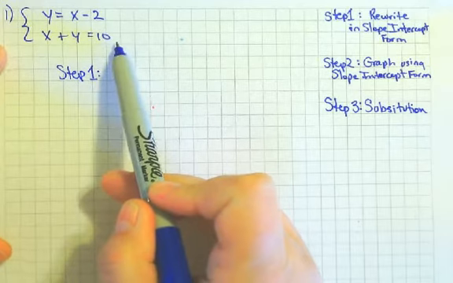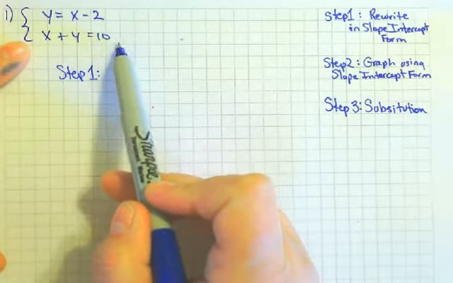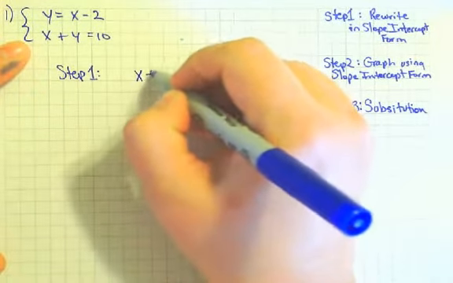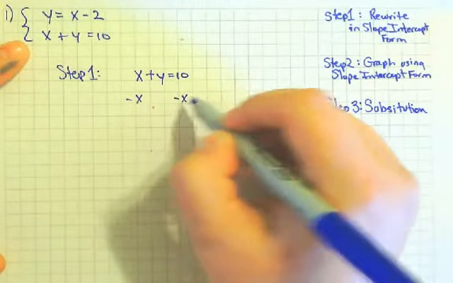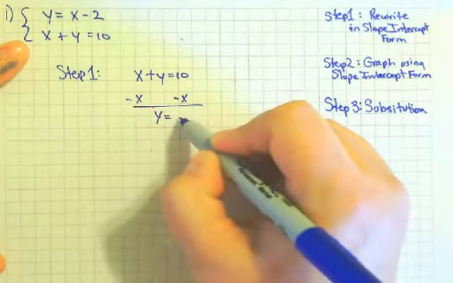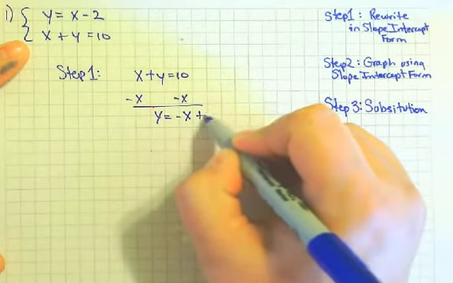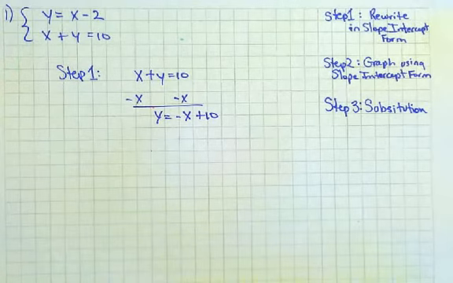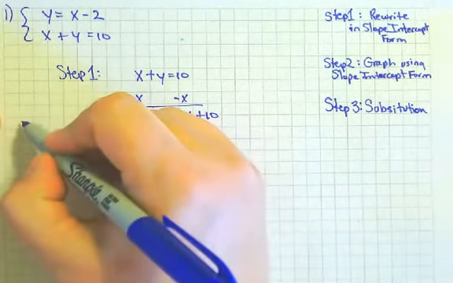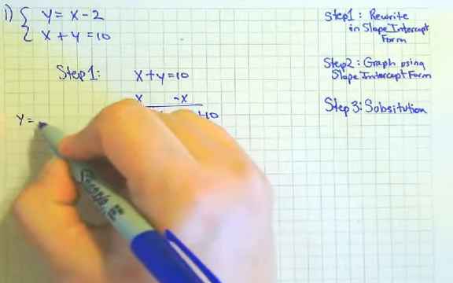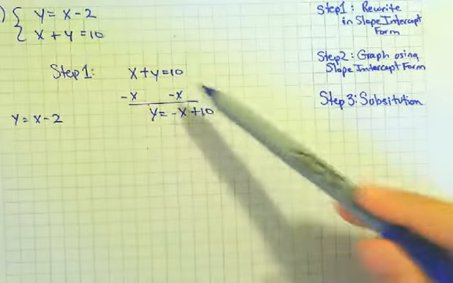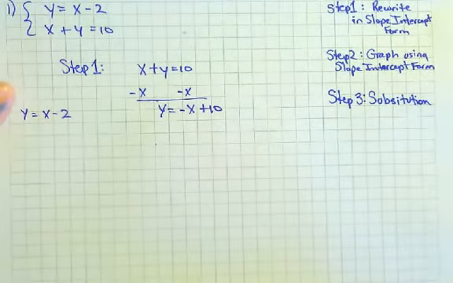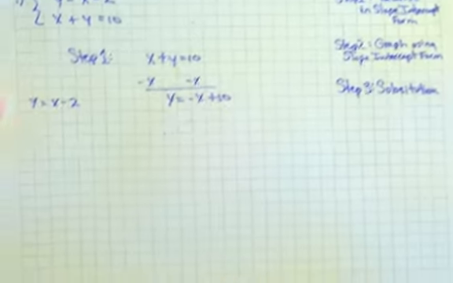The second one is written in standard form, so let's go ahead and change that over. x plus y equals 10, minus x, y equals negative x plus 10, since 10 is positive. That's step 1. So the first one didn't need to be changed, so we're going to leave it alone. And then our second one was changed, and now we have our equation to work with.